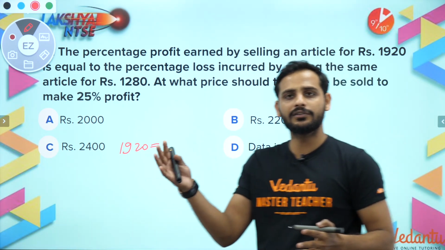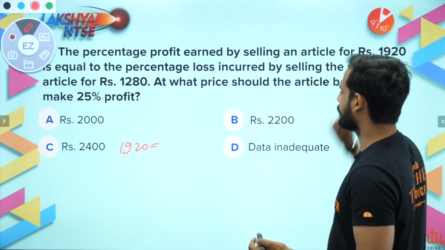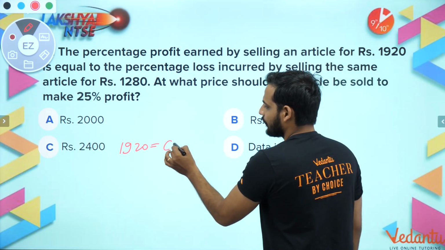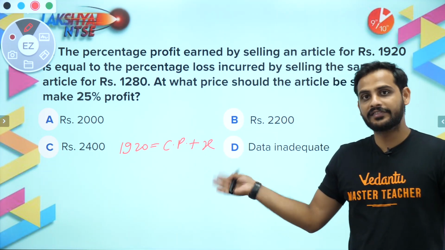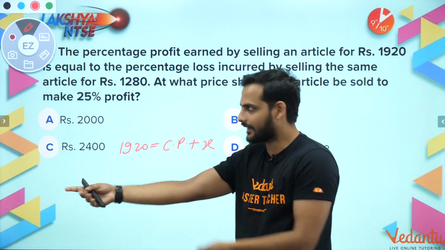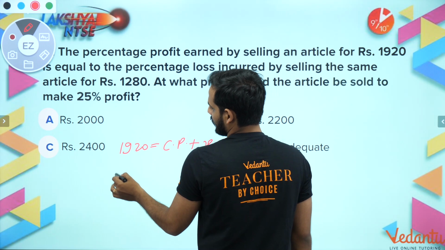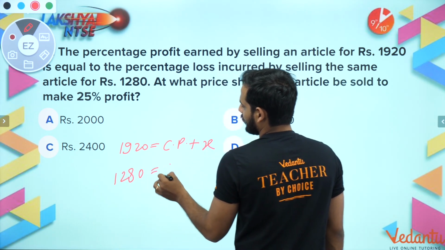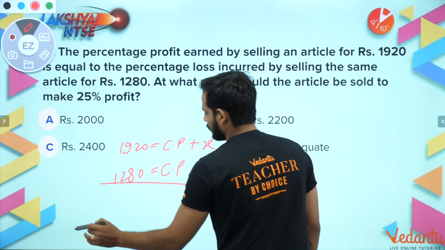Now see, be it percentage loss or percentage profit, they are selling price. Okay, so when it is a case of profit, I know selling price is cost price plus profit. Let us say profit was X, and same percentage negative means loss of same rupees but negative. Selling price 1920 is cost price plus profit, and here we can say selling price 1280 is cost price minus loss.